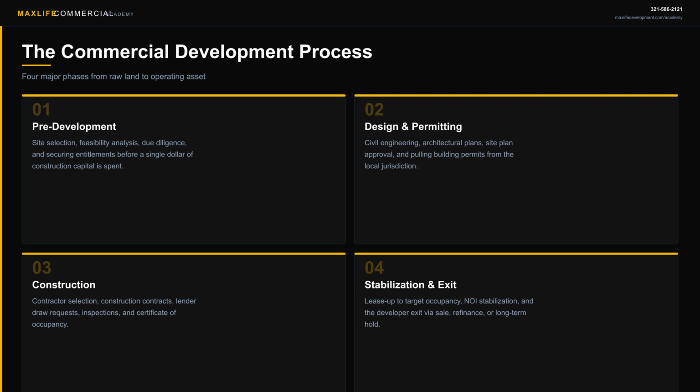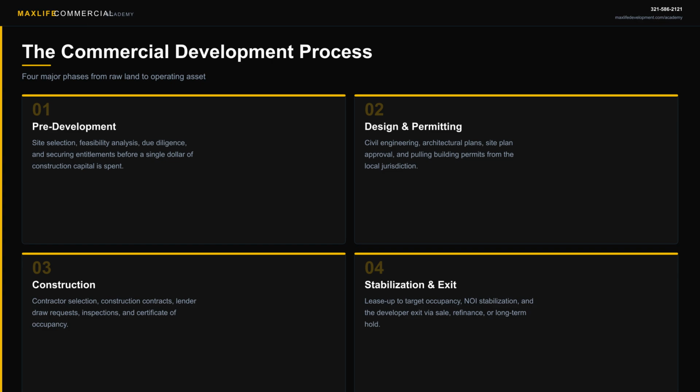Finding the right site, analyzing whether the numbers work, completing your due diligence, and fighting through the entitlement process to get local government approval. Pre-development can take 6 months to 2 years depending on the jurisdiction, and it is the phase that kills most deals. You need to know when to push forward and when to walk away.